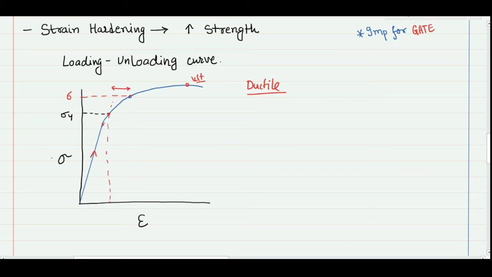After that there is a permanent change in length, which is your plastic change. When I remove the loading at this point, it follows a line which is parallel to your initial line, and that also indicates that Young's modulus is the slope of this line. So Young's modulus is not going to change even though you give a permanent deformation and remove the load; your Young's modulus will remain the same.